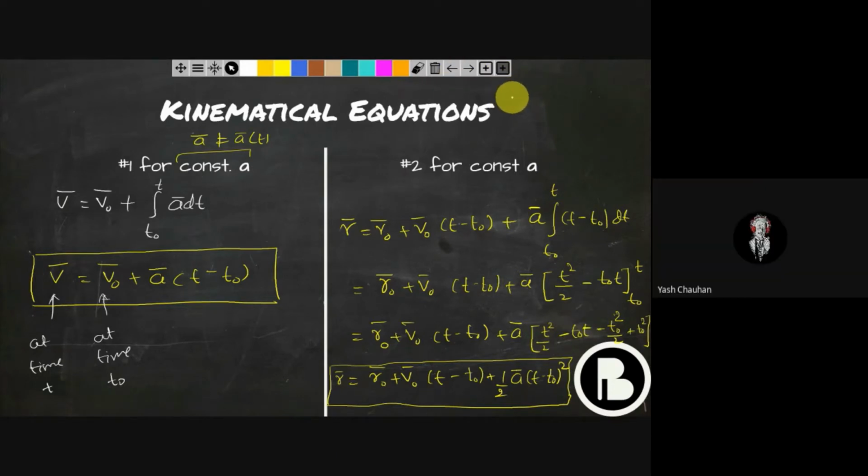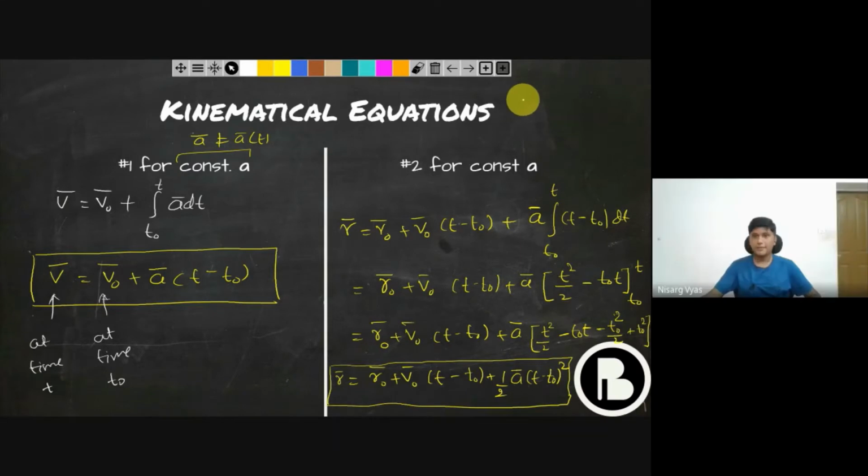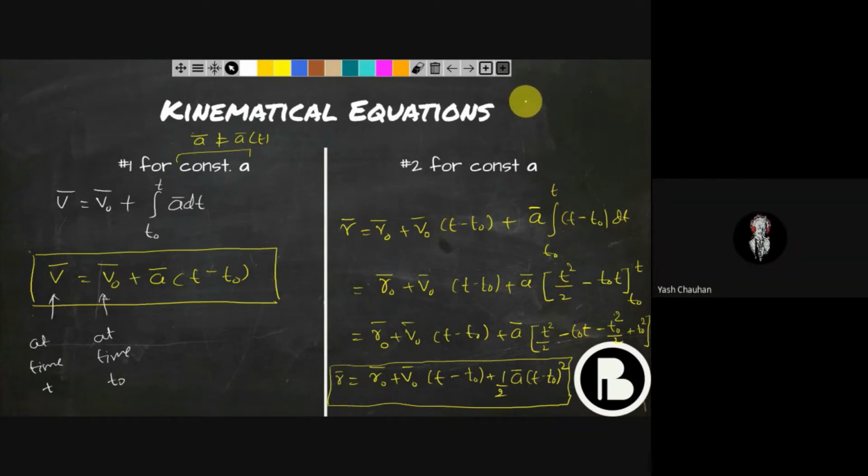Sir, we can imagine, because if we put t naught equal to 0, we will get the initial equation we used to work with. This represents that even if we translate in time, it represents the displacement we need.